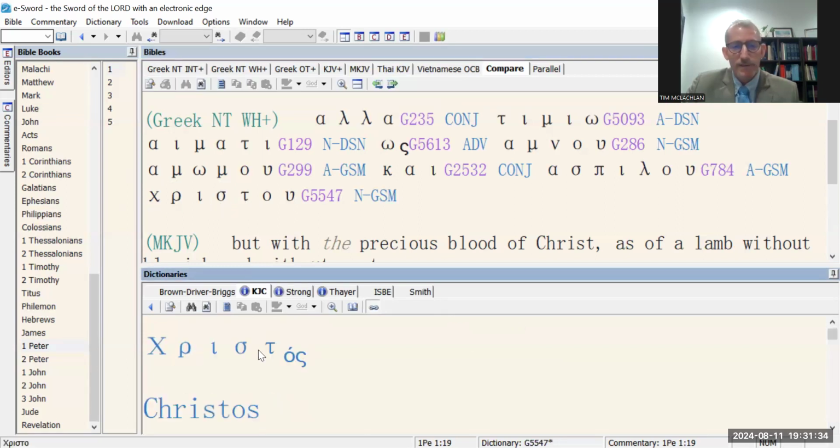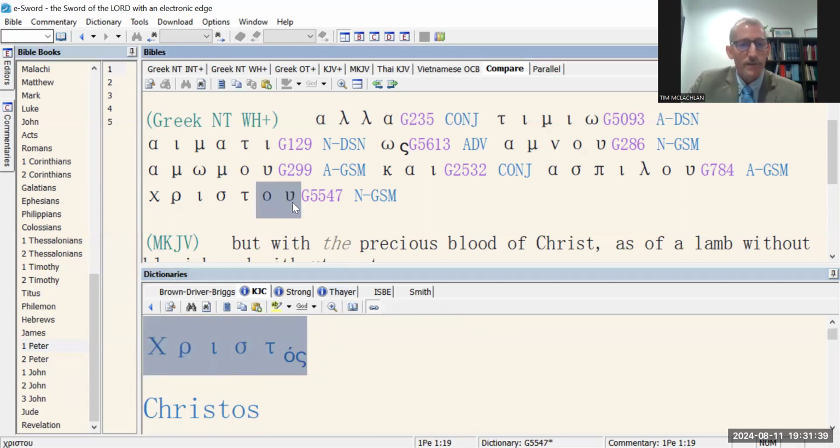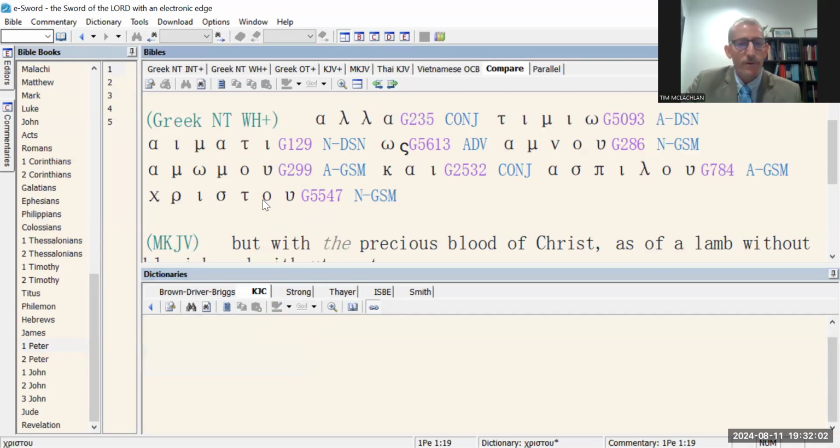You see this hundreds of times in the Bible, of course, talking about Christ. But the ending changes, Christou. If you go back to your chart, you would see that the singular genitive form of the noun is ou, omicron upsilon. So that's why his name Christ, his title, changes from omicron sigma to omicron upsilon. If you see that in a noun, you can just translate as "of," and that's what they do here, of Christ.